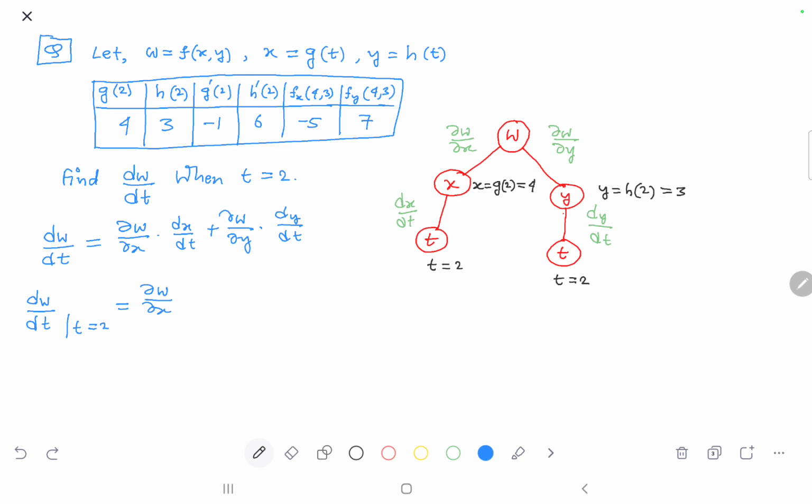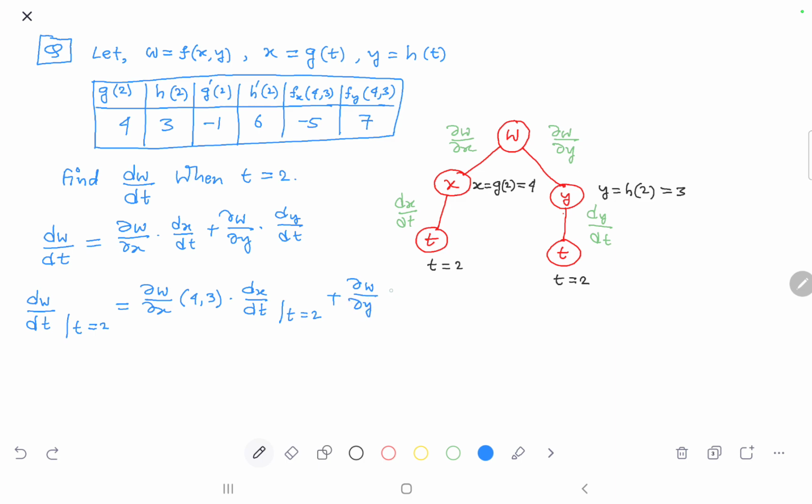In this case, x is a function of t, y is a function of t, and those formulas are not given, only the table is provided, right? So for t equal to 2, del w/del x will be a function of x, y, so you have to calculate that at the point (4, 3), and then dx/dt at t equal to 2. Is that unclear?